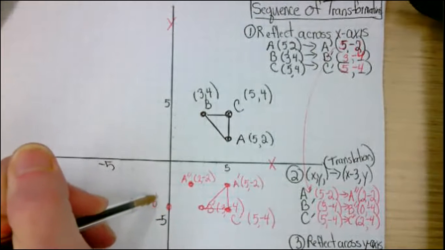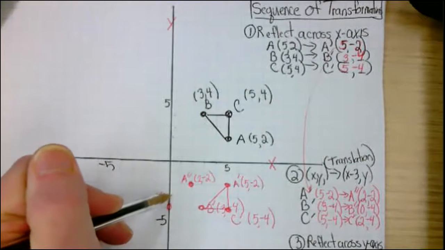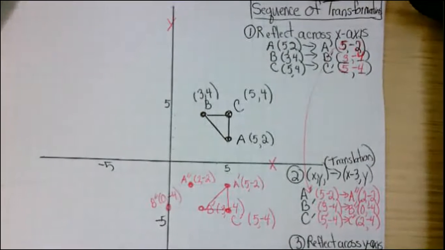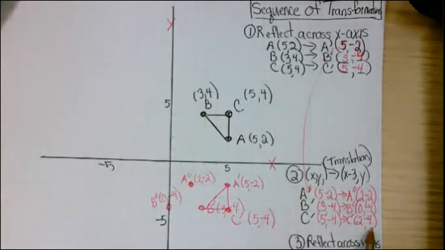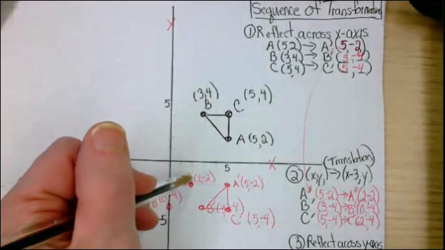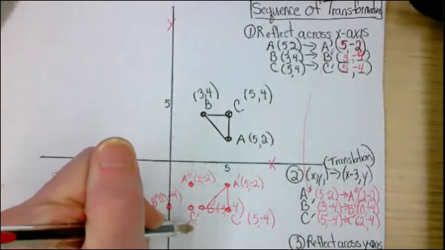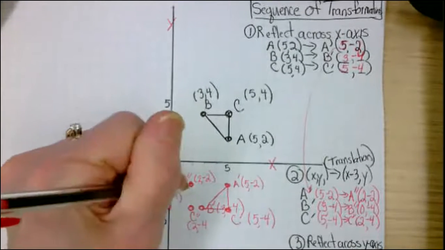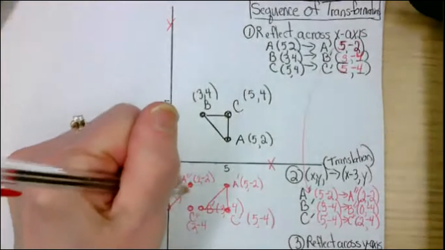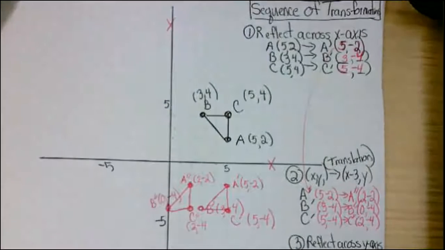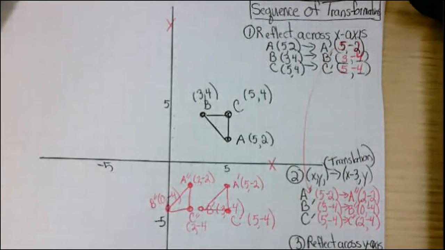That's B double prime, 0, negative 4. And then C is 2, negative 4. 1, 2, 1, 2, 3, 4. This is C double prime, it's 2, negative 4. So this is our second sequence of transformations. We are now over here.